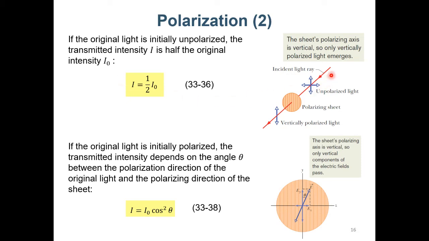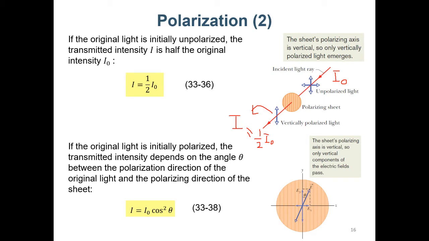Suppose the intensity of the incident light is I0, and this is I. After passing through a polarizing filter or polarizing sheet, the intensity becomes half of the original, so 1/2 I0.